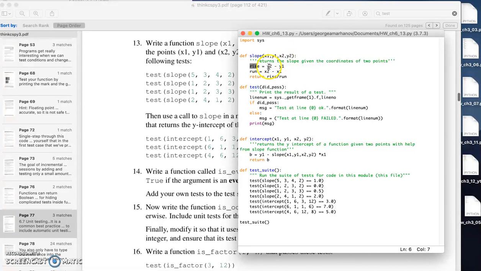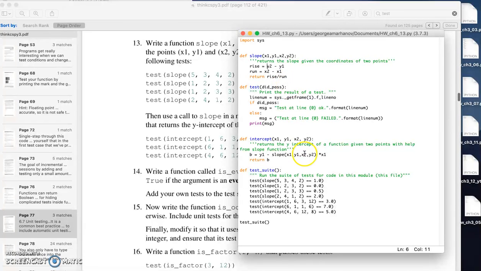I called this rise, and that's y2 minus y1, and run equals x2 minus x1, that would be delta x. I'm sorry if I said rise is actually delta y, if I messed that up. And then I just want that slope function to return rise over run.